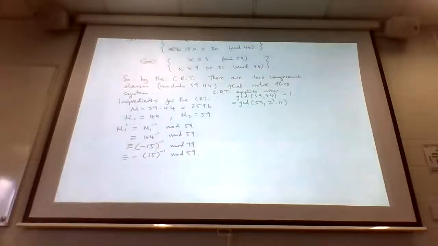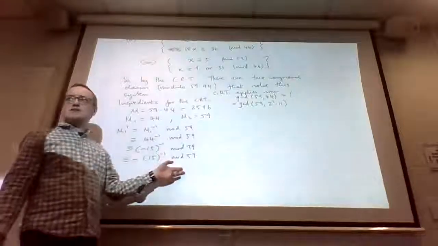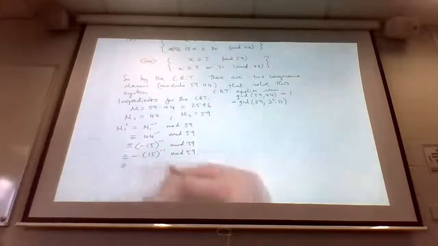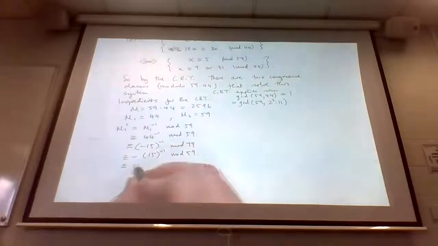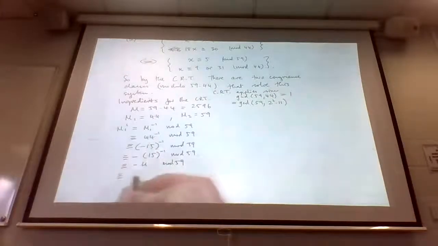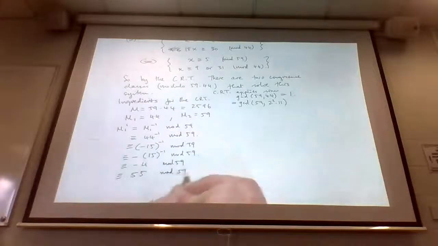The inverse of 15 is 4, because 4 times 15 is 60, which is one bigger than 59. So it's 55 modulo 59.